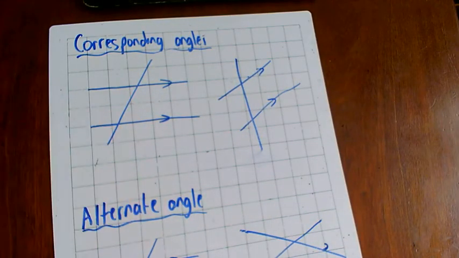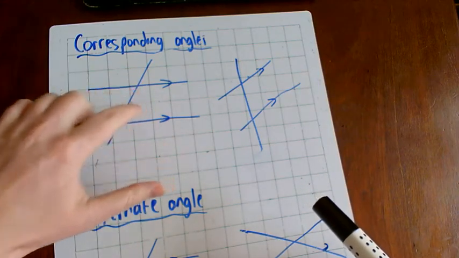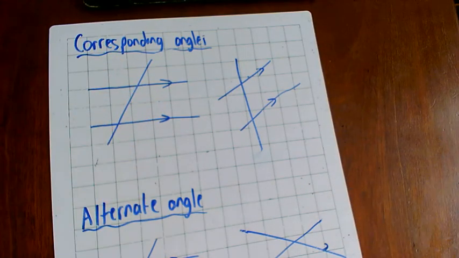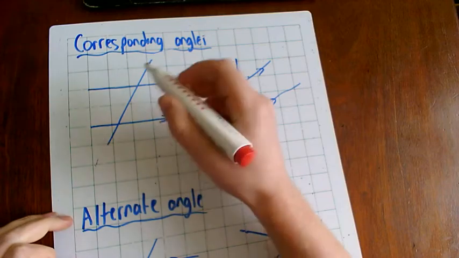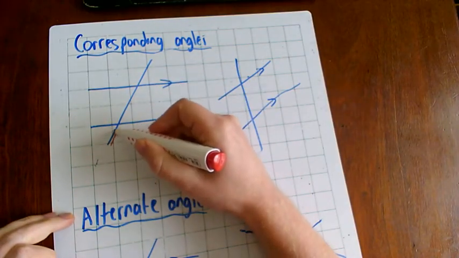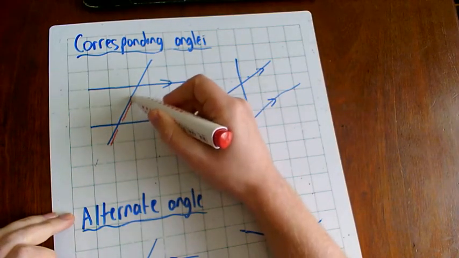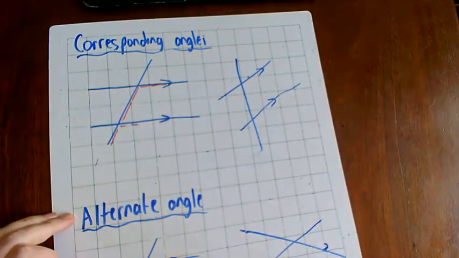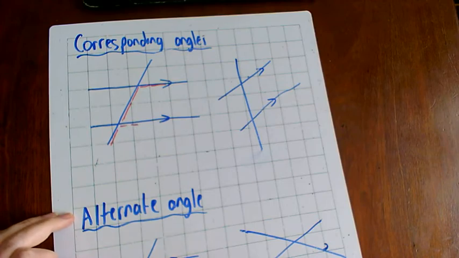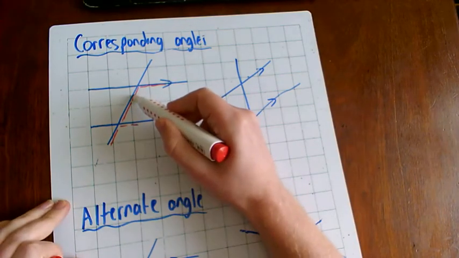Now when I draw a line through them, it creates angles. And corresponding angles are, if you can picture an F shape, so I'll just draw an F shape here. You see that F shape? Corresponding angles are the angles under here.